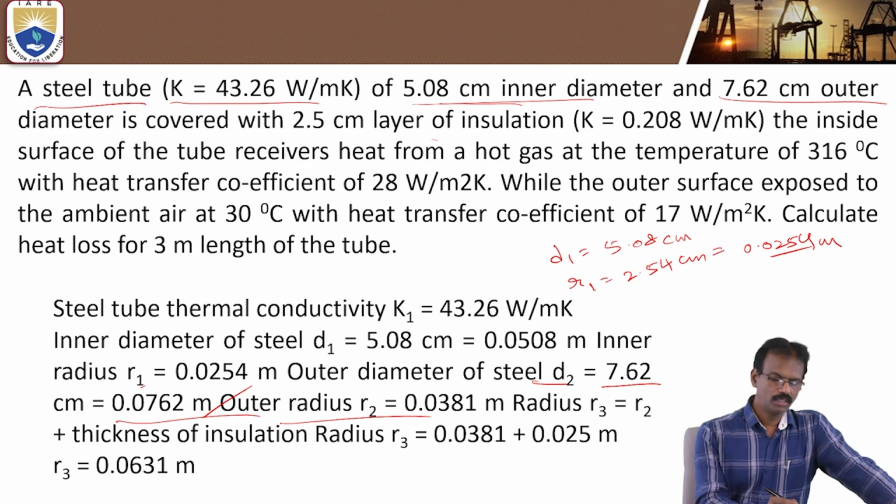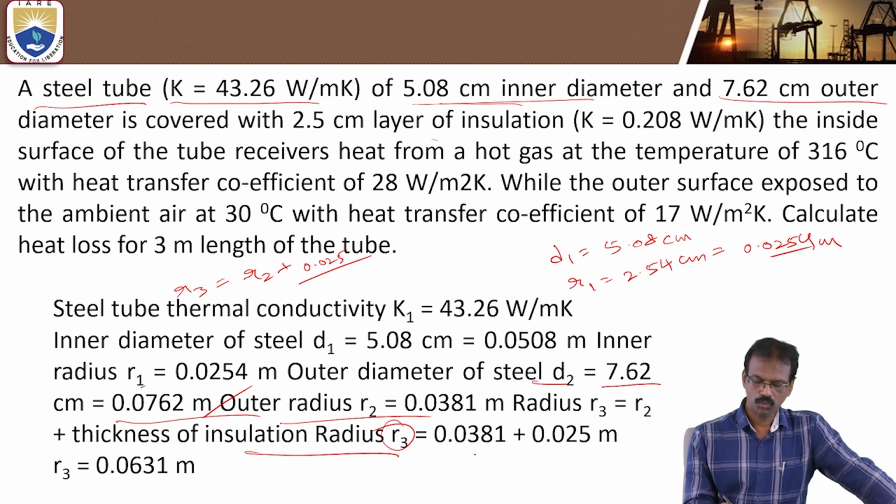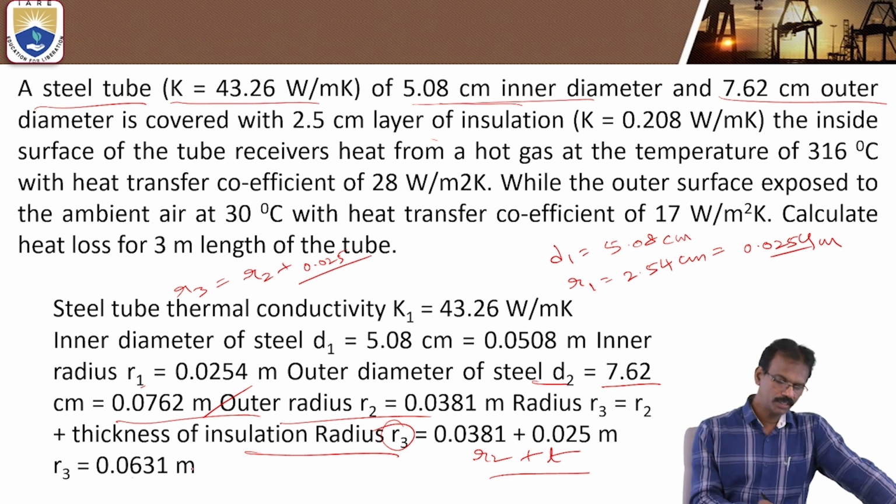It means R3 is nothing but R2 plus the thickness of the insulation, that is 0.025. So R3 is 0.0381 plus 0.025.